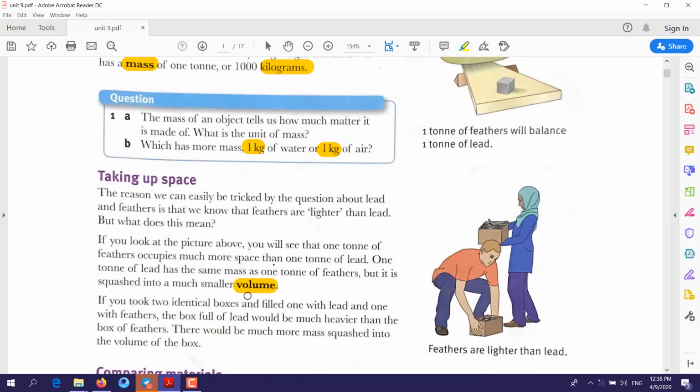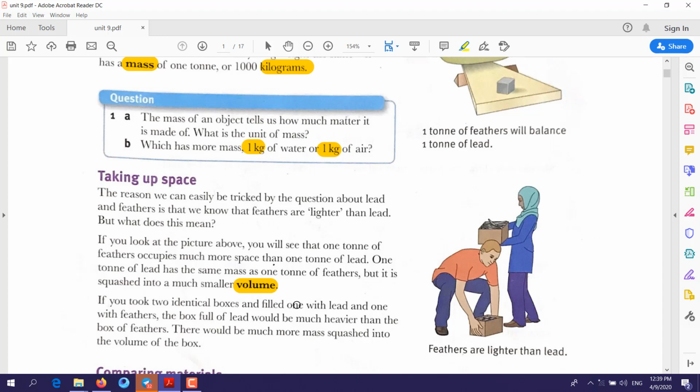Volume. The definition of volume is how much space an object takes. For example, if we have 1 kilogram of iron and 1 kilogram of feathers, what's the difference between them? If you compare their mass, you will see their mass is equal.